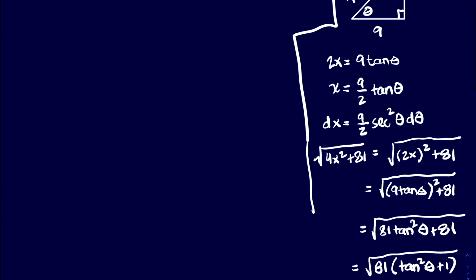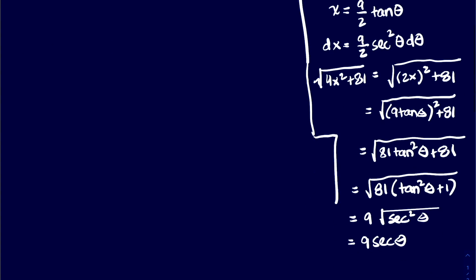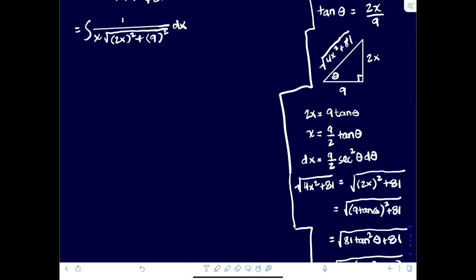So let's now take a look at what it looks like once we do these substitutions. I know it seems to be very complicated, but sometimes it divides out to be quite simple. Okay, so now, here we go. This will be equal to the integral of, so our dx is over here, right? So I'll just write that in the numerator.